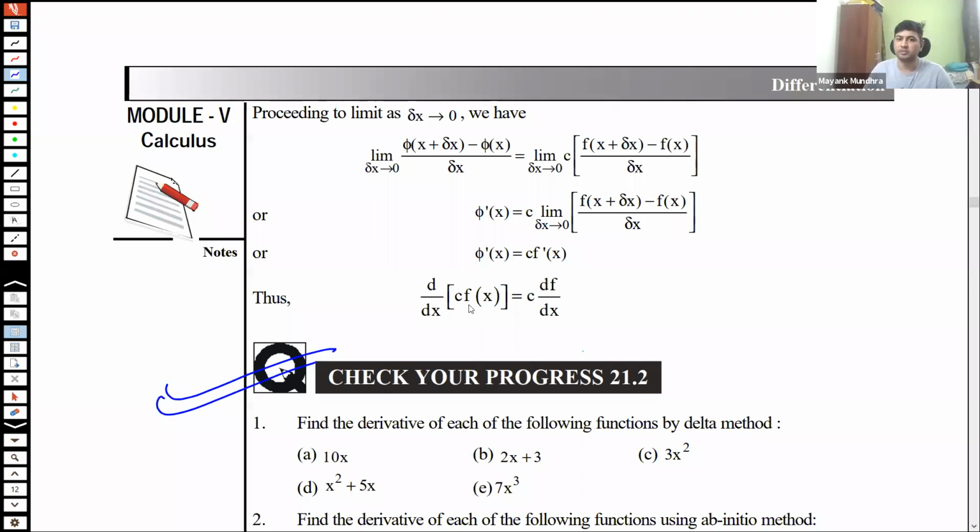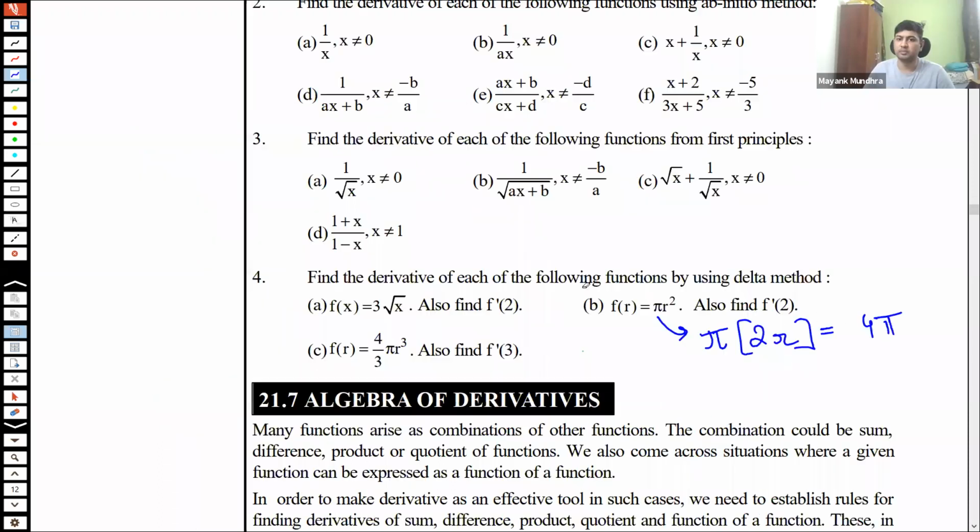So I had to differentiate pi r square. Now, what is a constant? A constant is something which does not change with respect to x. The concept of a constant is something which is going to be challenging at times. Like, what do I consider as a constant?